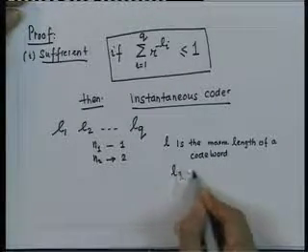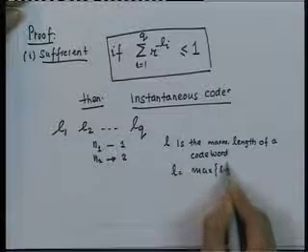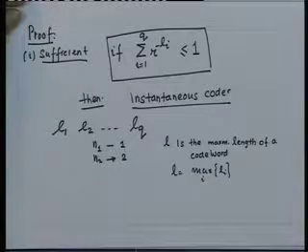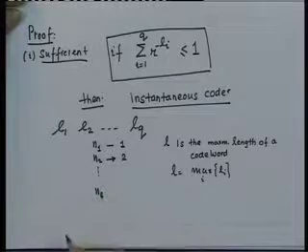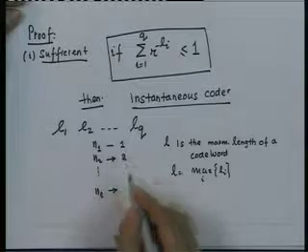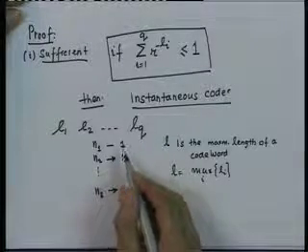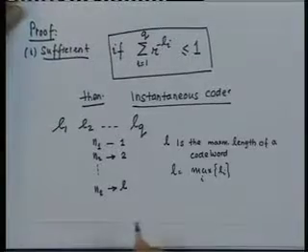So, L is the maximum of Li. If I assume this, then let me assume that NL corresponds to the number of code words of maximum length L.